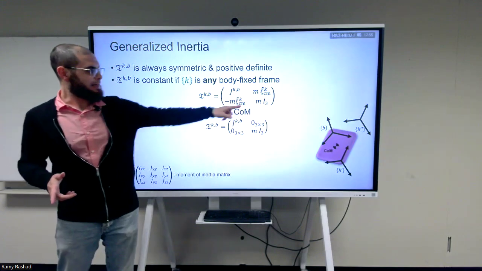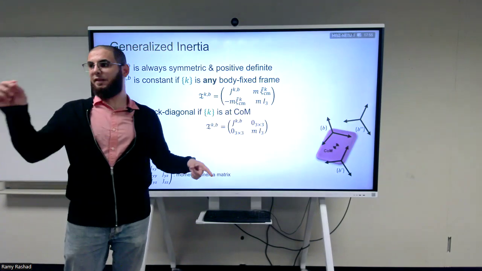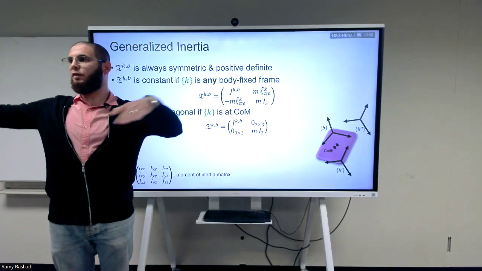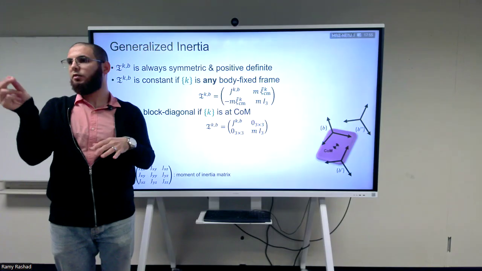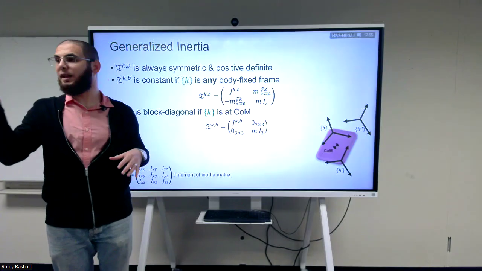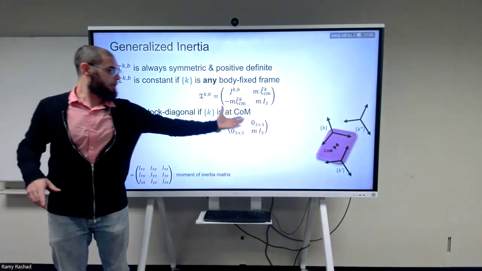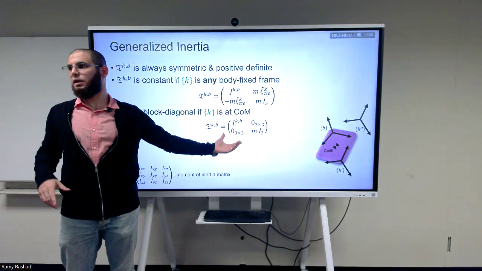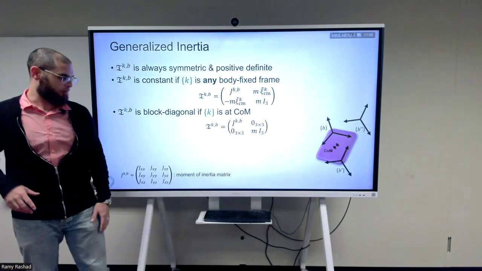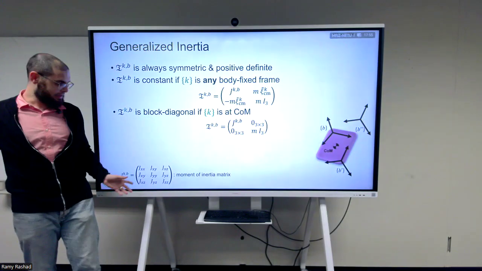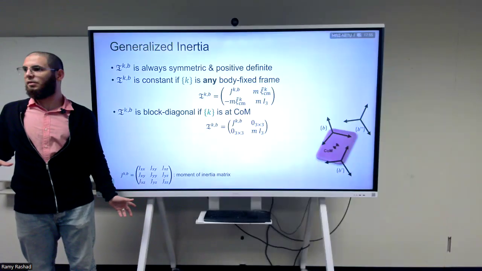If you choose K to be at the center of mass, which is a physical point where you can replace all of the points with an equivalent mass, the off diagonal terms just drop out. And the J itself is not diagonal. It is a 3x3 symmetric matrix itself.